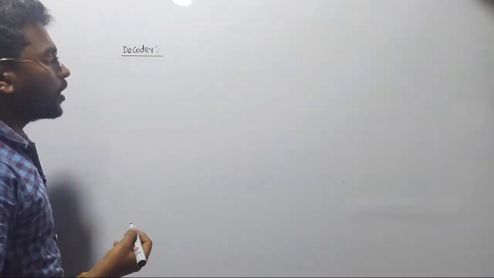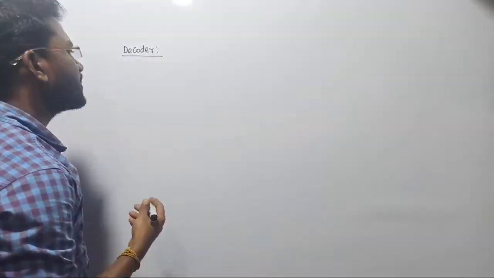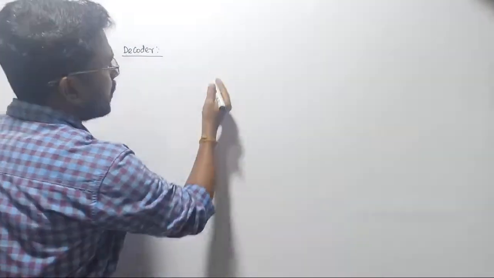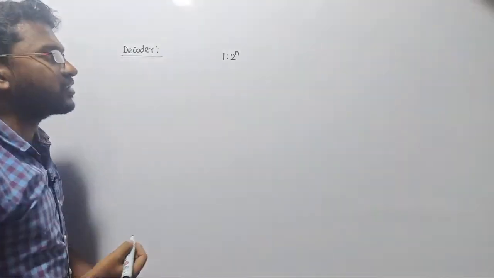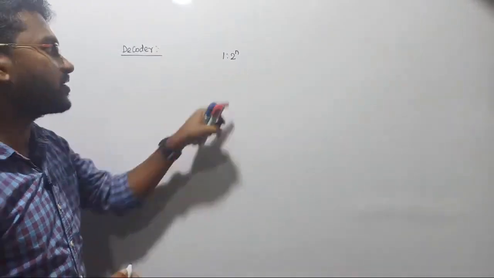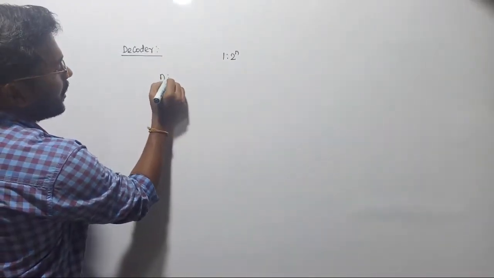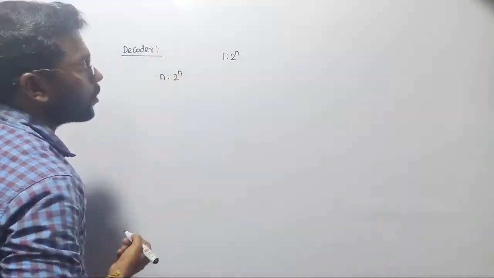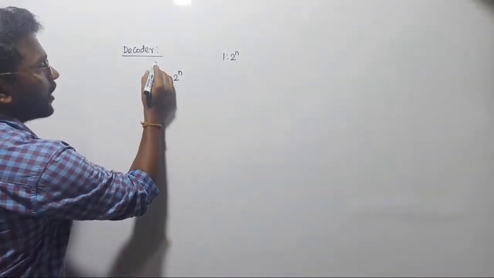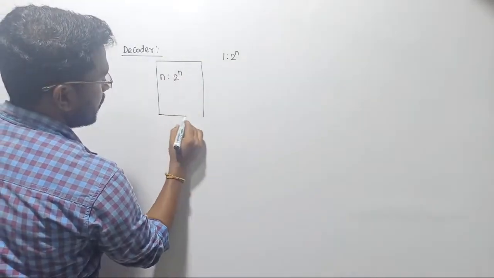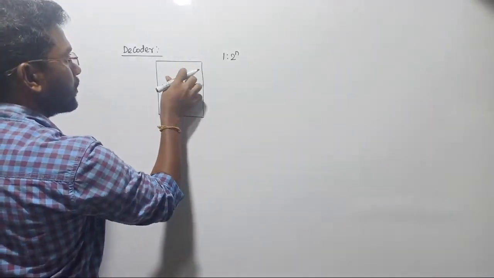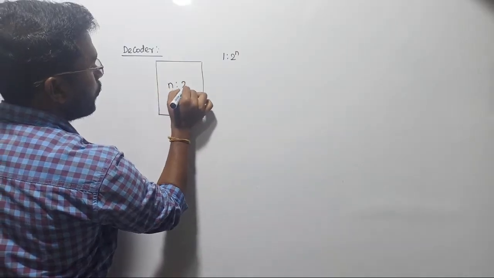Now, what do you mean by decoder? Of course it is similar to the demultiplexer. What we saw in the demultiplexer is 1 cross 2 power n. Similarly, n cross 2 power n is our decoder. So the general structure is n cross 2 power n, that is n input lines and 2 power n output lines.